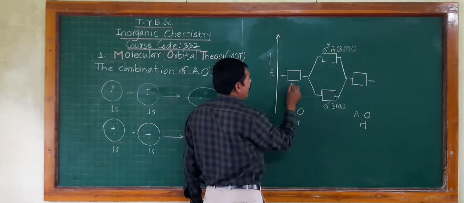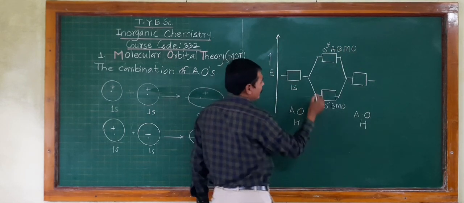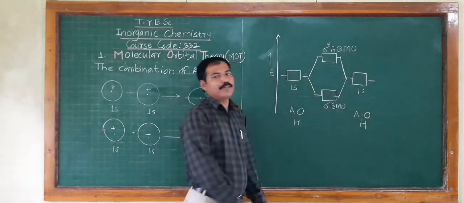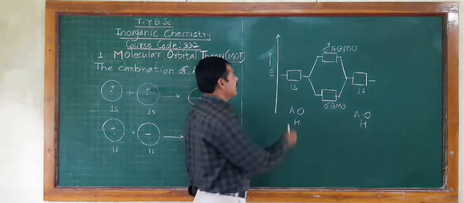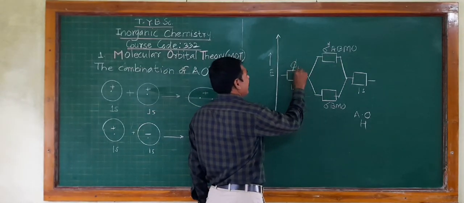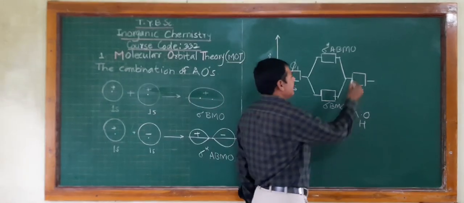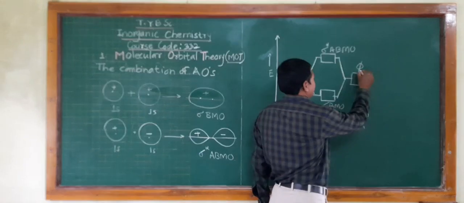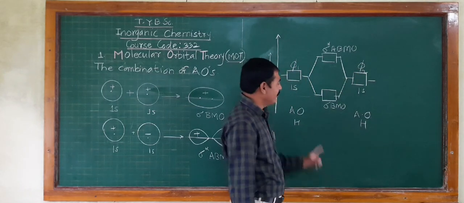These are formed by the combination of the 1s orbitals of the two hydrogen atoms, with wave functions phi 1 and phi 2.